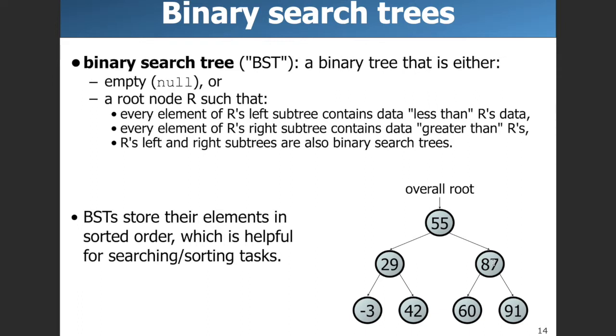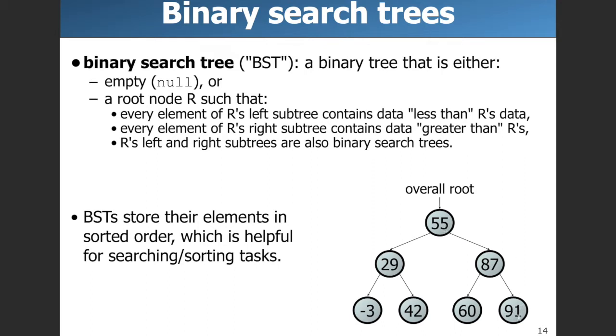So again, what makes a binary search tree unique is that the left child is always less than its parent. But that's not it. Each right child is always greater than its parent. And we can see it here. 87 is greater than 55.